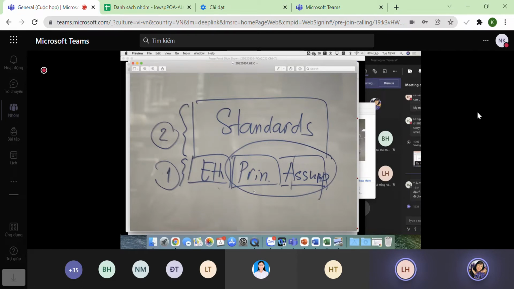Based on these three blocks, the accounting organization built up the accounting standards. So now we discuss each of them. Ethics, what is ethics? Principles and assumptions. Okay.